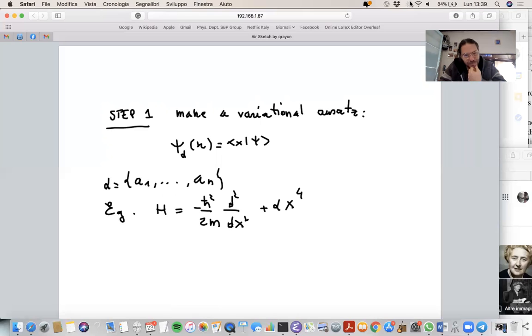So my guess might be, for the simplest possible case, a Gaussian. So let me say 1 over the fourth root of, let me call it alpha. I'm going to work out the normalization, so let's leave the normalization floating for a moment. And then let's say the usual Gaussian.